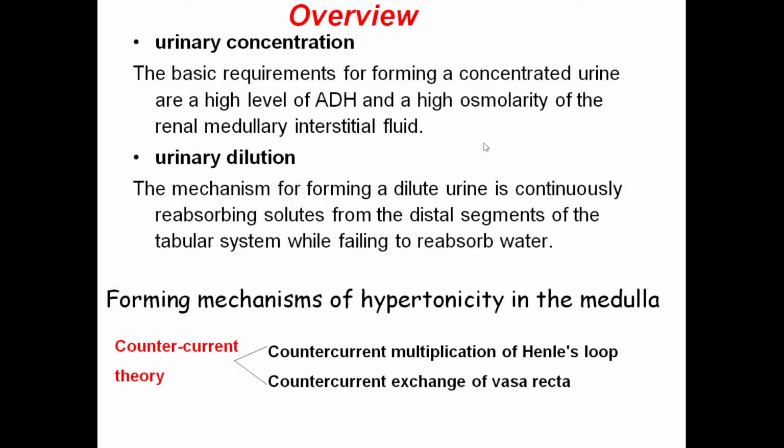The basic requirements for forming concentrated urine are high levels of antidiuretic hormone and high osmolarity of the renal medullary interstitial fluid. And for dilution, diluted urine is formed by continuous reabsorption of solutes from the distal tubular system, while failing to reabsorb water, because in this case there will be no ADH provided.